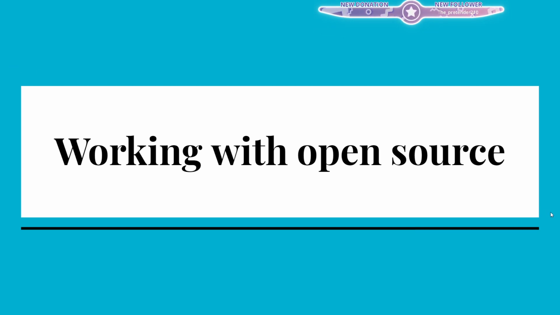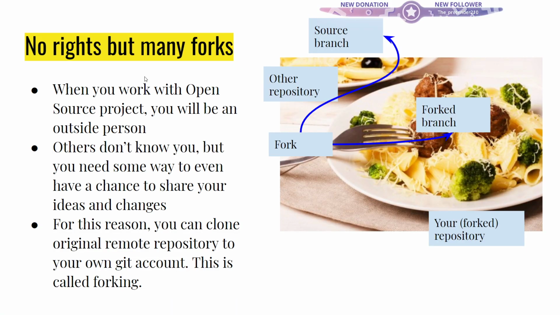So open source has been enabled by code versioning. An essential part of open source is forking a repository.